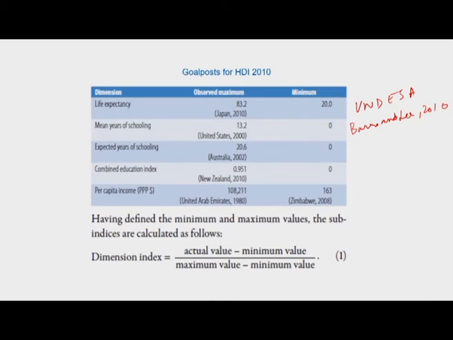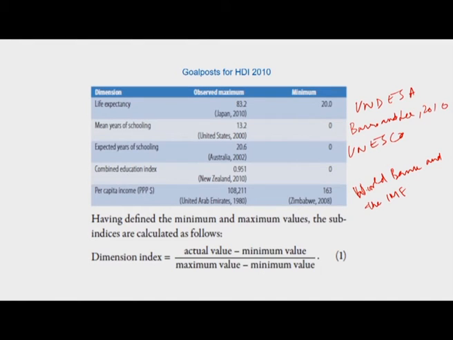Expected years of schooling data was taken from UNESCO statistics. Combined education index was then calculated based upon it, and the per capita income or gross national income data was taken from the World Bank and the IMF.